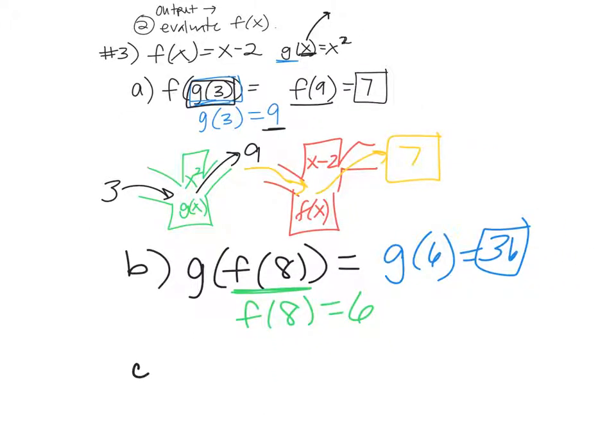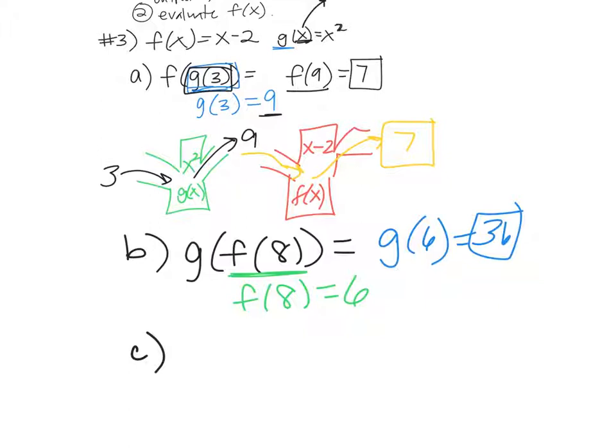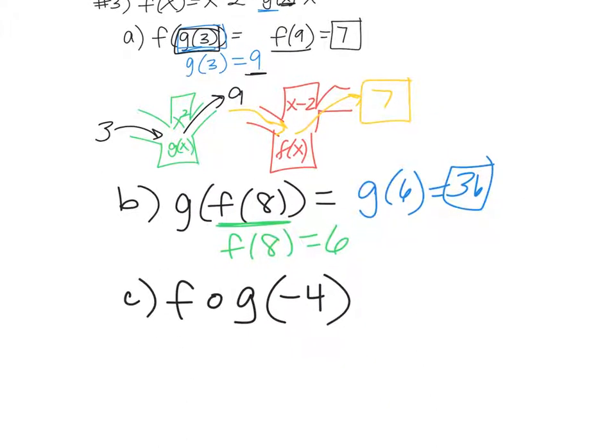Okay, you tried this one. Let's do f of g of -4. F of g of -4. Now, if you don't like that notation, because it looks like fog, this is the same thing as doing this.